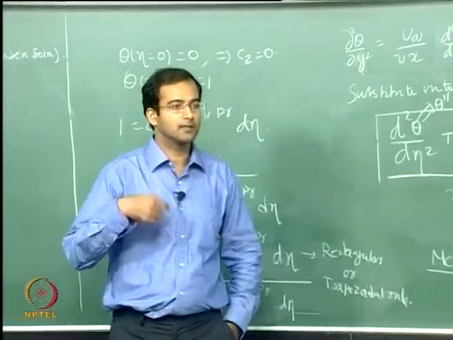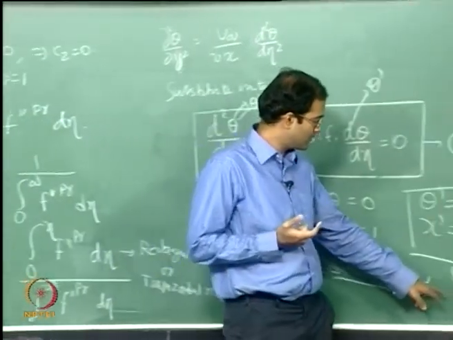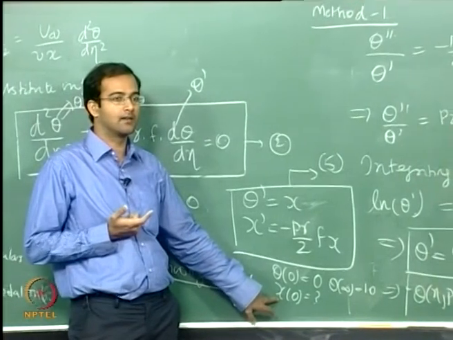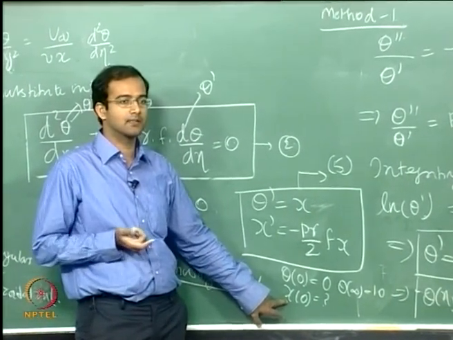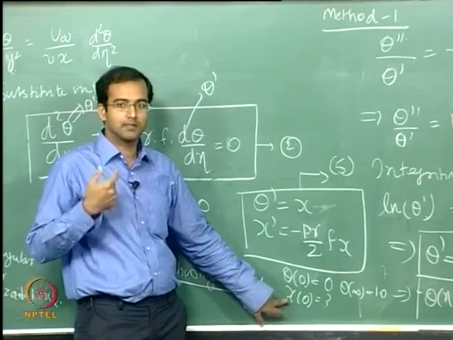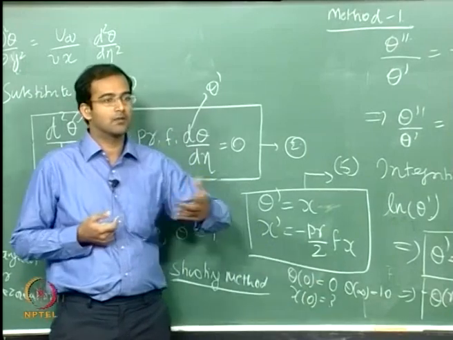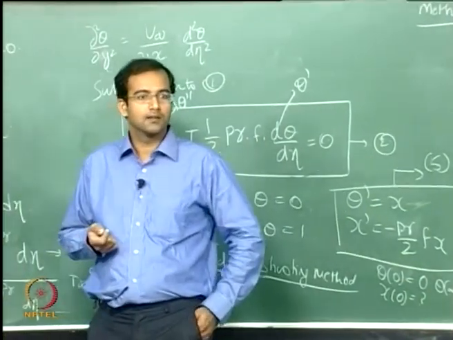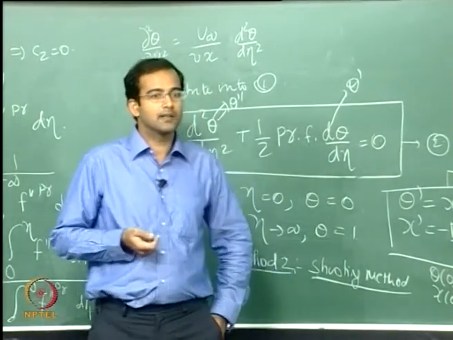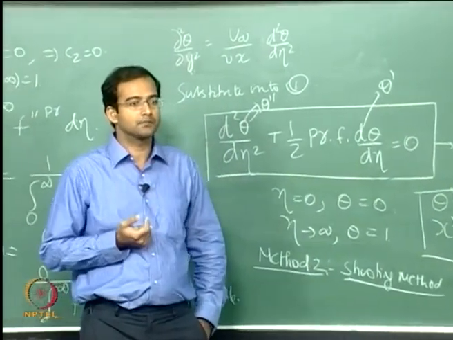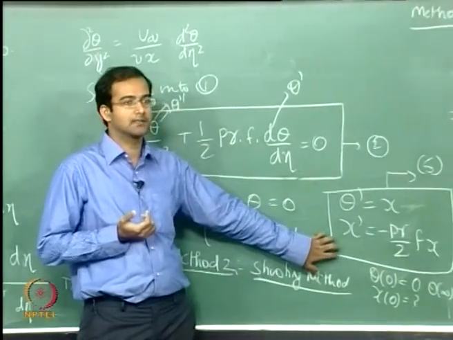You didn't know the boundary condition for h at 0, the same way here you don't know it for x. So you do the same shooting technique: you guess the value of x at 0, you discretize it and march, and you check whether your theta at a large value of eta equals 1. You keep doing this iteratively till it finally matches that boundary condition. So the same shooting technique can be applied for this.